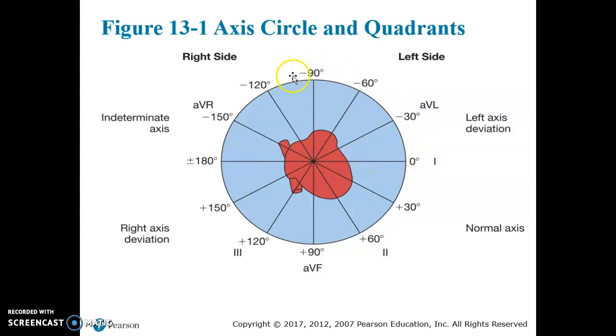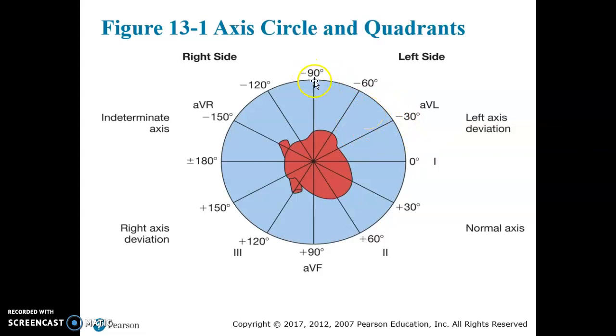You need to know that if it falls here, it's indeterminate axis. Here, it's right axis deviation. Here, it's normal axis. And here, it's left axis deviation.